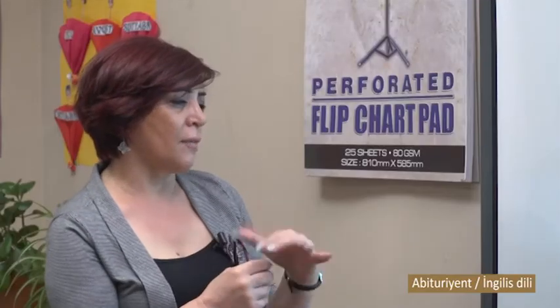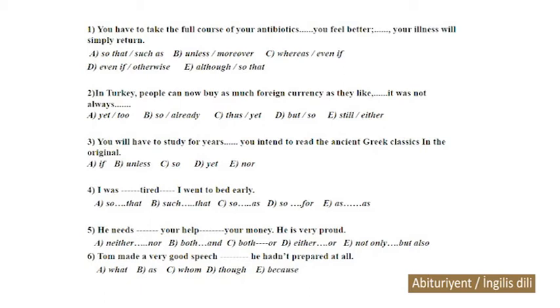I was tired, I went to bed early. If you remember, we spoke about exclamatory sentences and which words to use to form them. Here we mentioned so and such. If you don't have any problem with using so and such, these conjunctions will be easy for you as well.